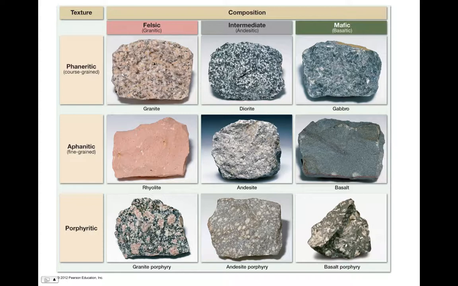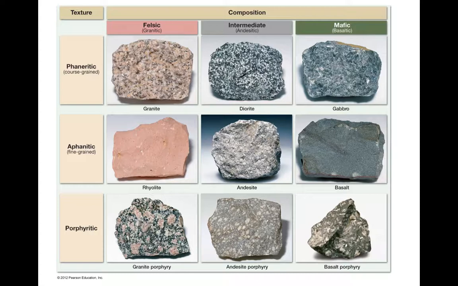Now this chart just summarizes what we talked about, at least the top six. It has the three compositions, felsic, intermediate, and mafic, and then the phaneritic and aphanitic versions of each composition. You can think of phaneritic as intrusive and aphanitic as extrusive.